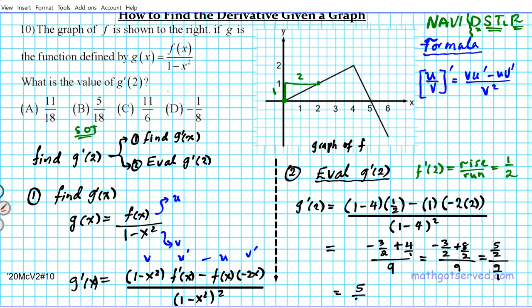You have 5 over 2 times 1 over 9. Ladies and gentlemen, our final answer is 5 over 18. The answer to question number 10 is option letter D. I mean B, I said D. Option letter B is the answer to question number 10.